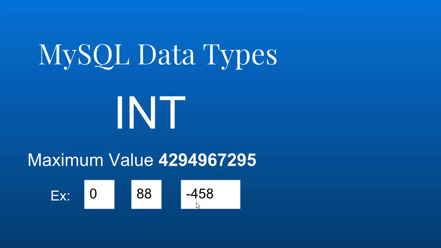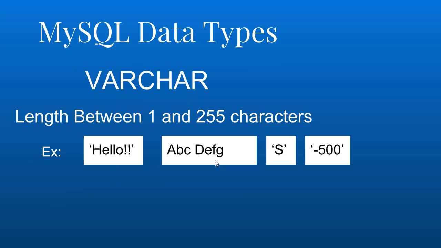Integer is one of the most important data types that we use in our database to define our IDs and other things, right? If I change the slide, we have another option, varchar. The length of a varchar is from 1 to 255, which means it contains from 1 to 255 characters.